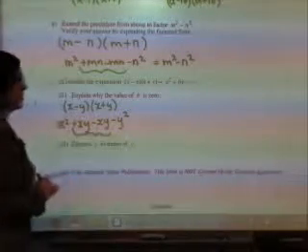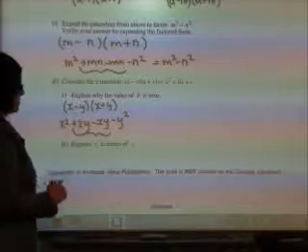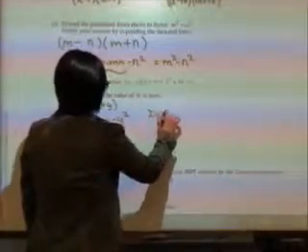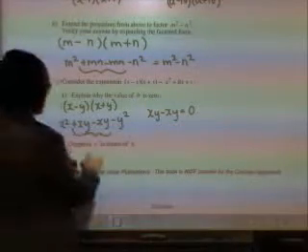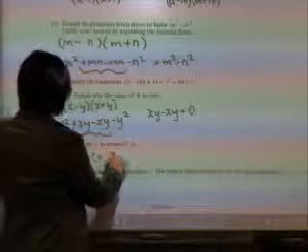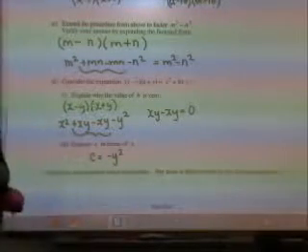So a positive xy minus an xy equals 0. And express c in terms of y. C is equal to negative y squared.